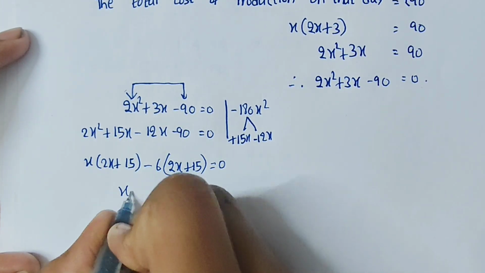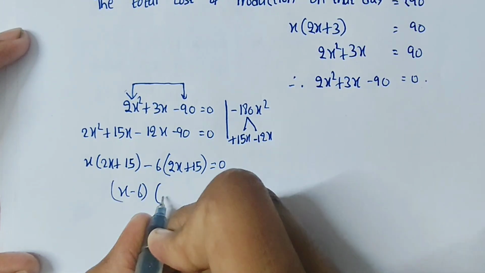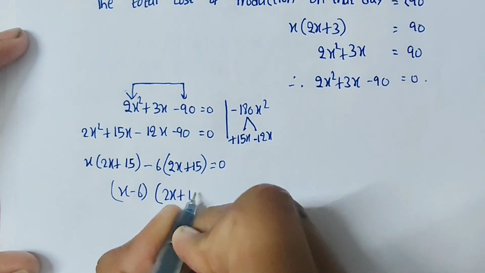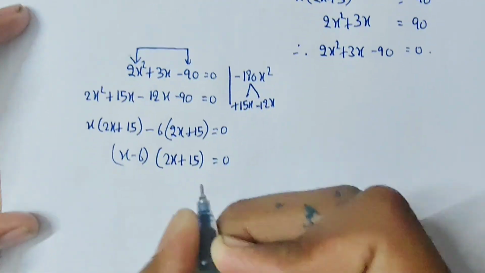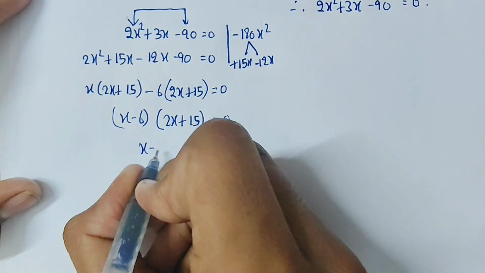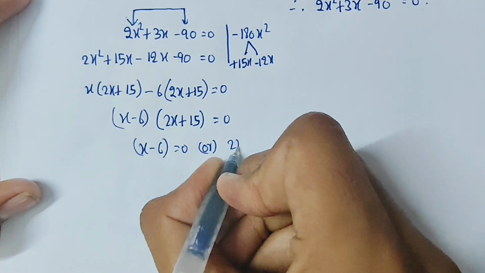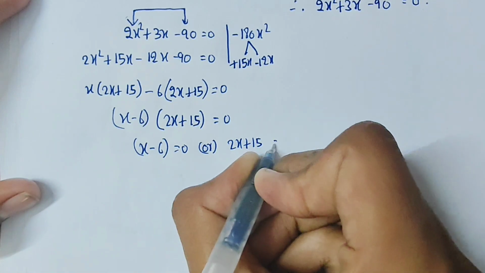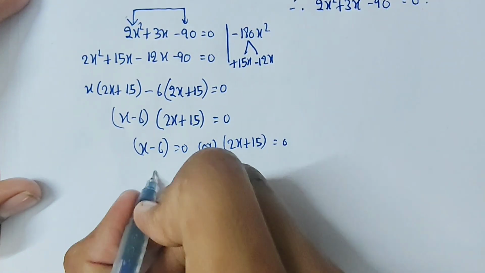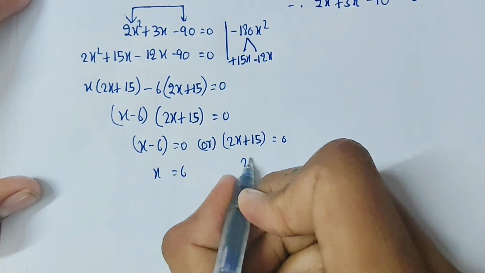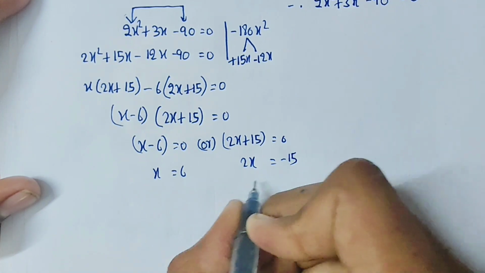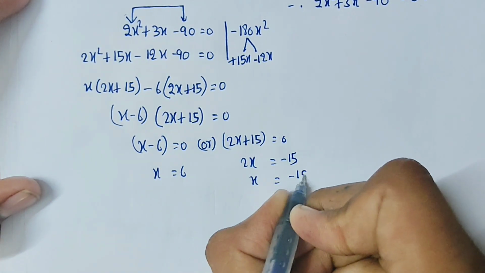Now (x minus 6)(2x plus 15) equals 0. Then x minus 6 equals 0 or 2x plus 15 equals 0. So x equals 6, or 2x equals minus 15, x equals minus 15 by 2.